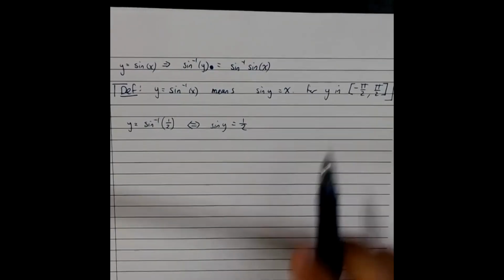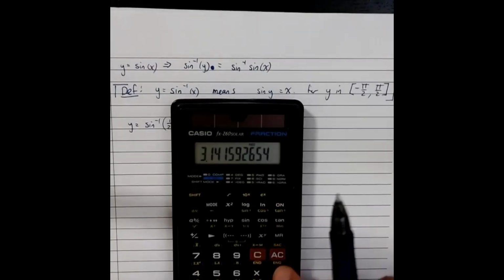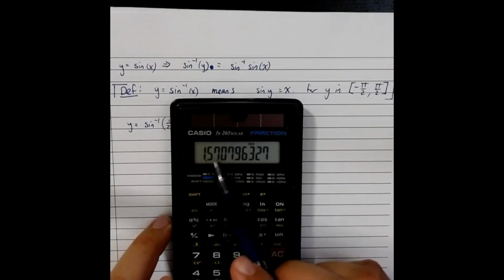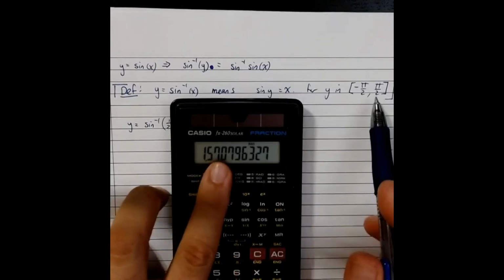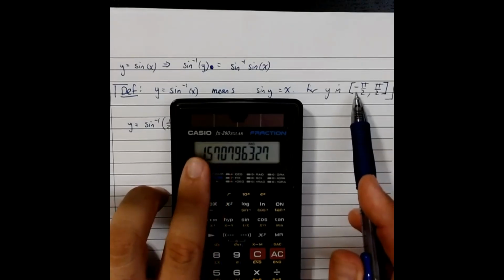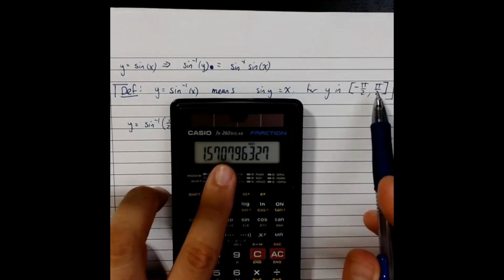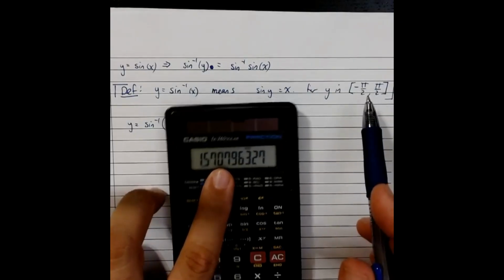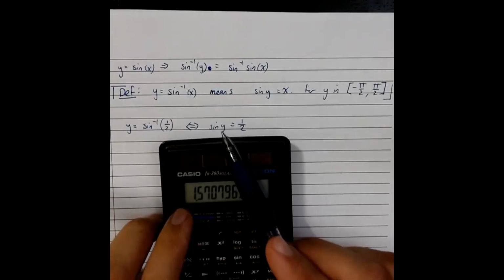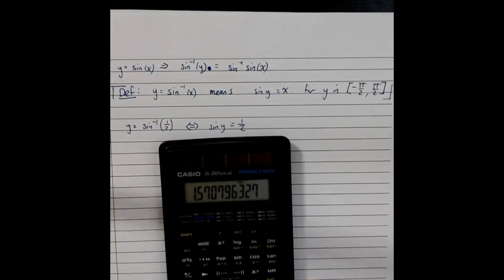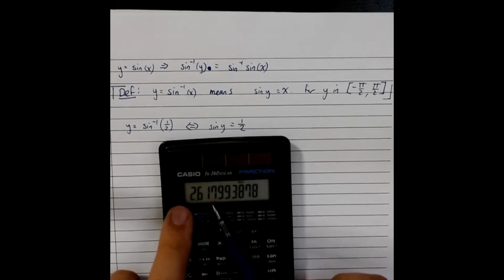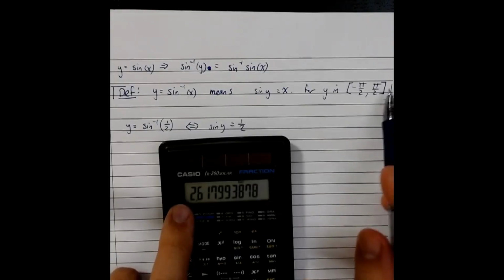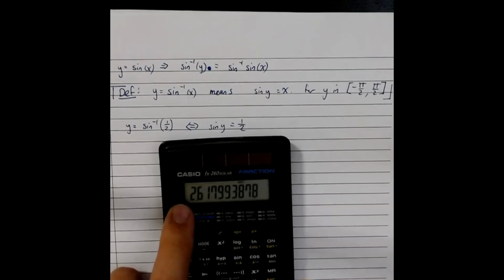If you have a hard time seeing that, pi divided by 2 is about 1.57, which means this goes from negative 1.57 to positive 1.57, more or less. I know the sine of 5 pi over 6 is equal to 1/2, but notice 5 times pi divided by 6 is 2.61. That's too big. That doesn't fall inside that interval between negative 1.57 and positive 1.57.